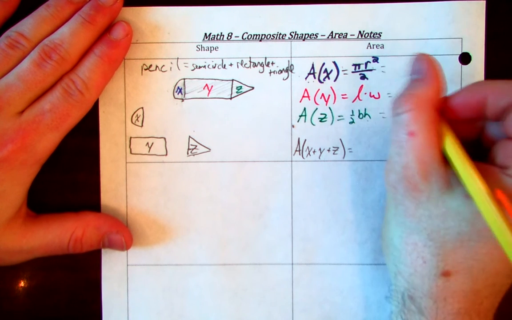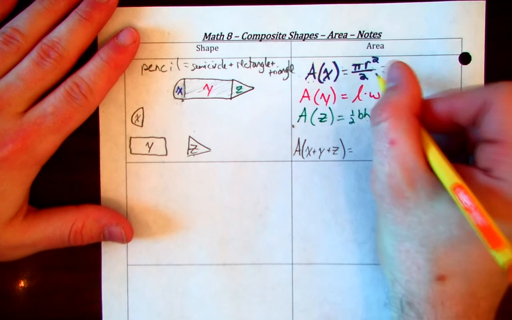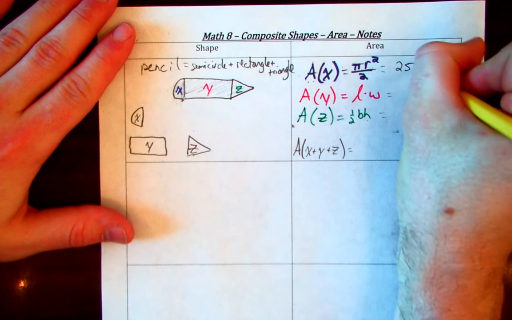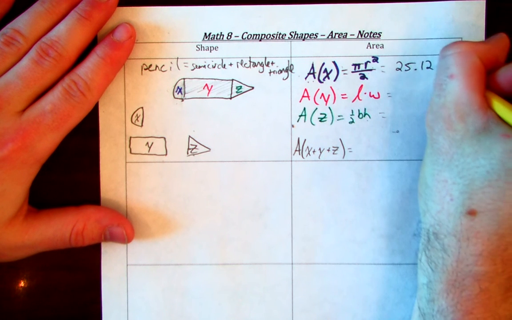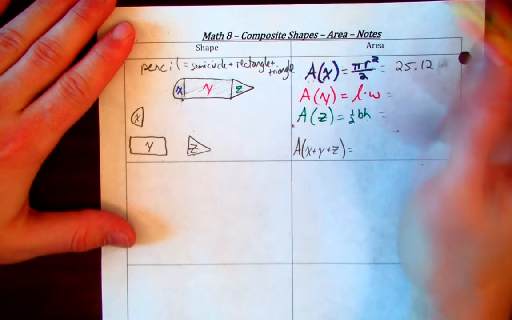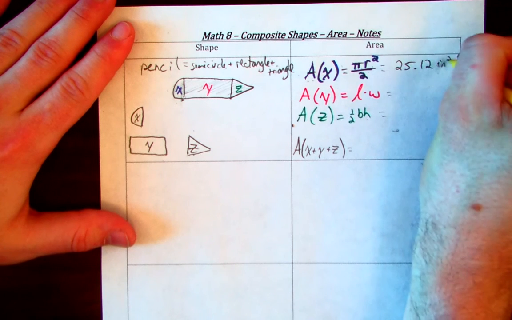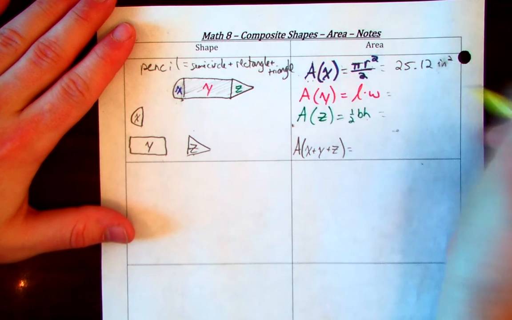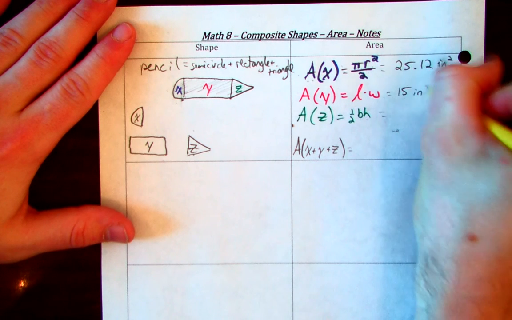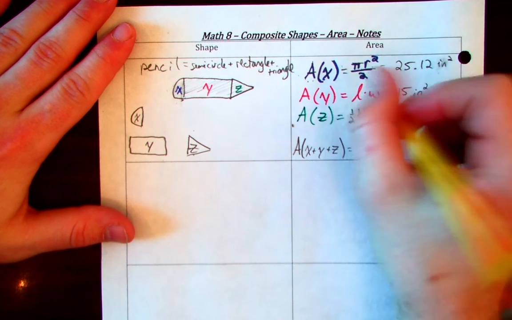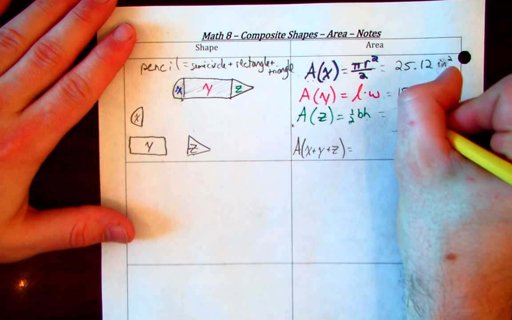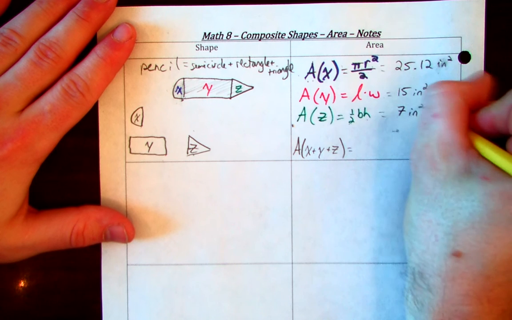Let's say that if you calculated it, you got 25.12 units. Let's say for this general example, we said this is inches squared. Let's say we have a rectangle that had 15 inches squared, and let's say when we got that last part, our triangle, it was about 7 inches squared.